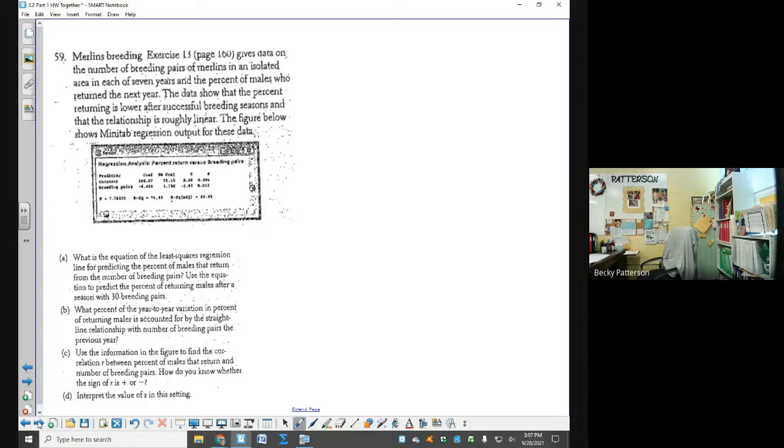Part A says, I want the equation of the least squares regression line. Okay, so here we go. Y hat equals. Even if you can't tell me what the number is, where is the slope? This says coefficient. Then this says constant. Then this says breeding pairs.